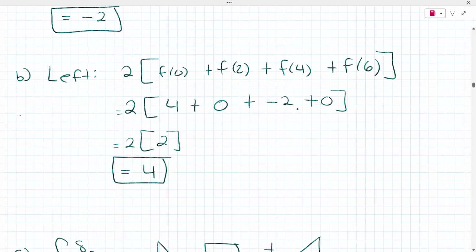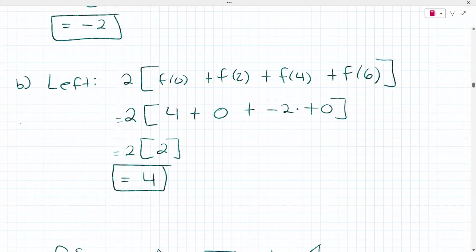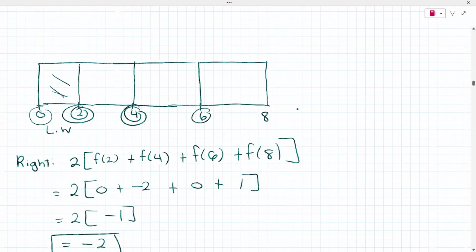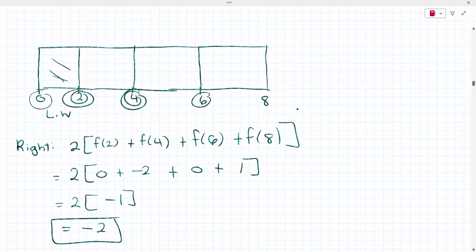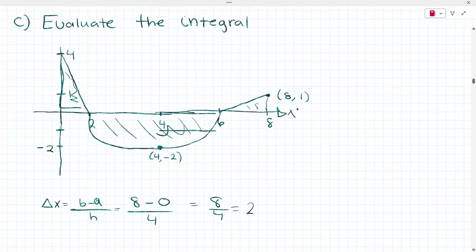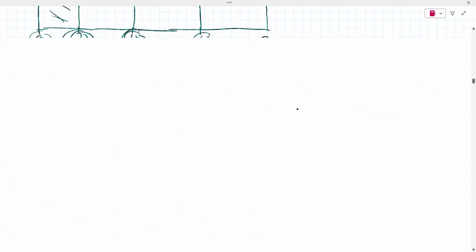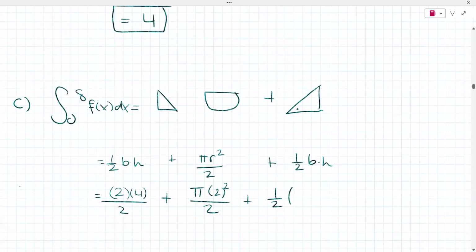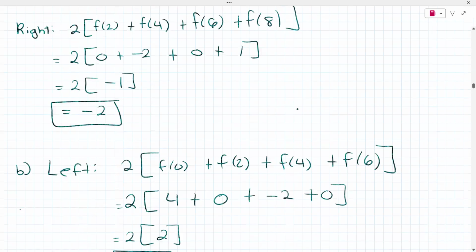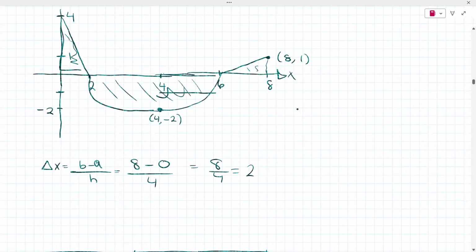And then my base, what's the distance from 6 to 8? 2. And what is the height? It's 1.